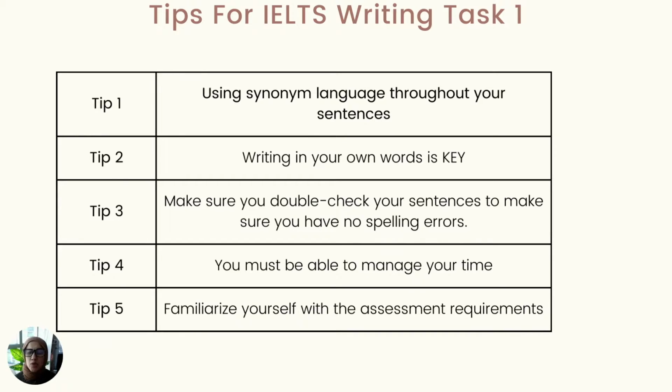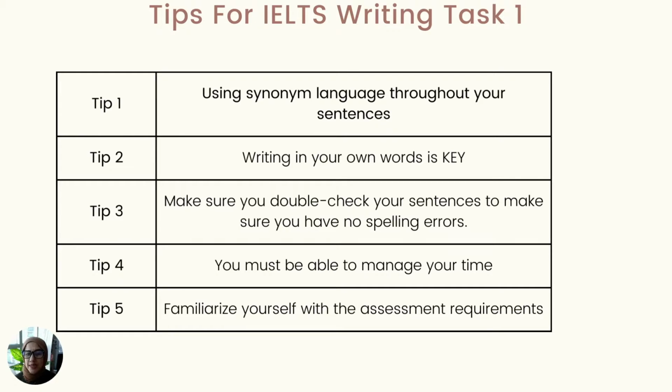In tip 1, you must use synonym language throughout your sentences. This is something you may have heard, but believe it or not, this is one of the top methods you could use to score a high band. So I highly recommend using synonym language throughout your answer.